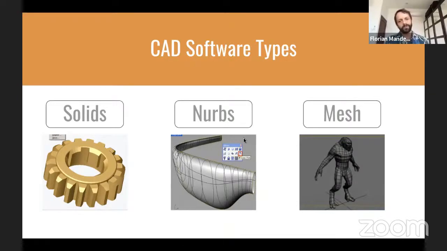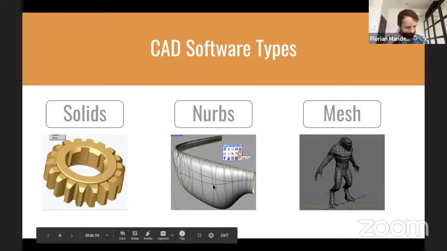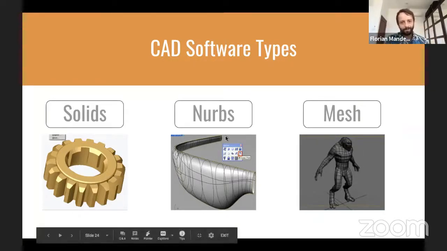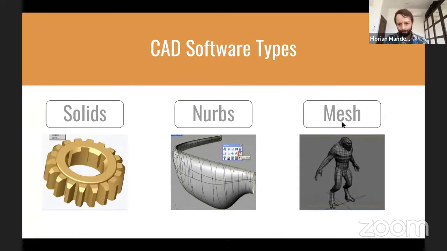NURBS are often used more in design to create surfaces. It's more about sketching. I will tell you more later about my preferences and how I work. And then there is mesh.